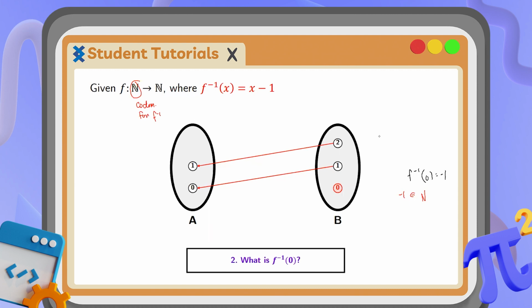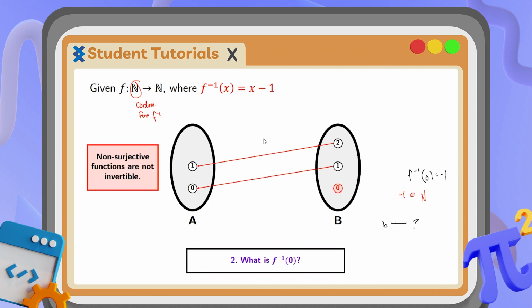Because of this, it would not generate any output, or some output in B does not map to any output in A, which means that this is not a function as well if we take the inverse, given that our domain and codomain are both natural numbers. Therefore, non-surjective functions are not invertible.